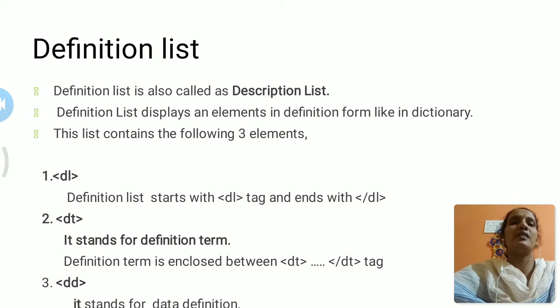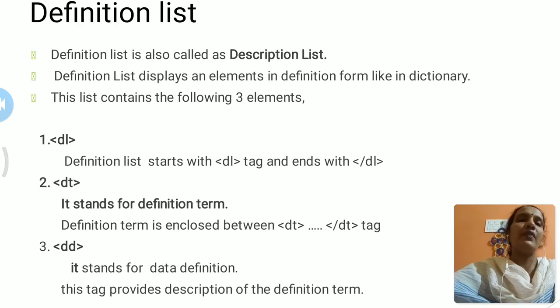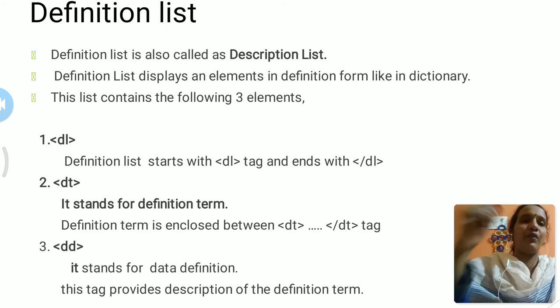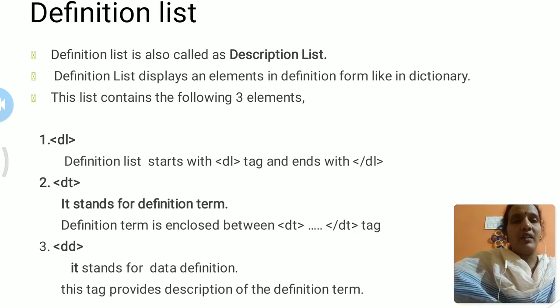Now, the third list is a definition list. Definition list is also called a description list because this list provides a description to the word. One word, if I give BSc, that is a word, a definition term. If you want to give the definition, DD, that is a description. Using the definition list, we will give one word, and in the next line, we will give the definition of that word.